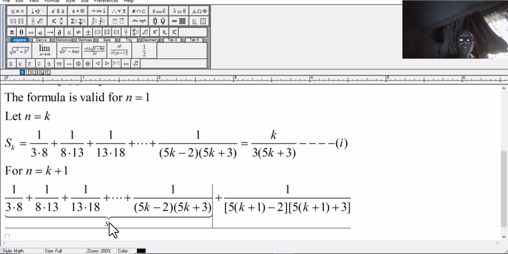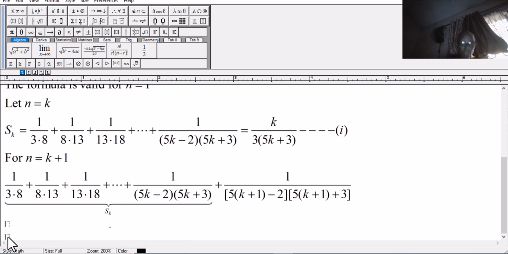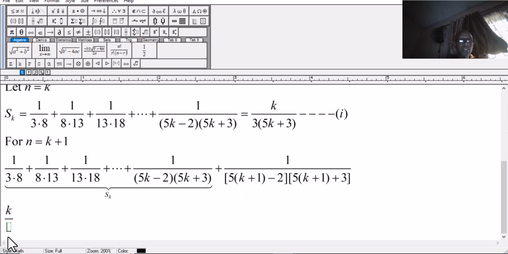So don't forget that everything from here, we can rewrite this as k over 3 into 5k plus 3.